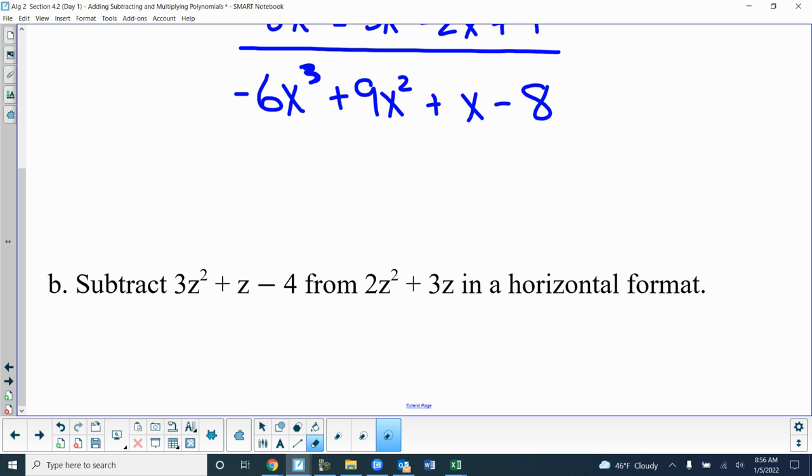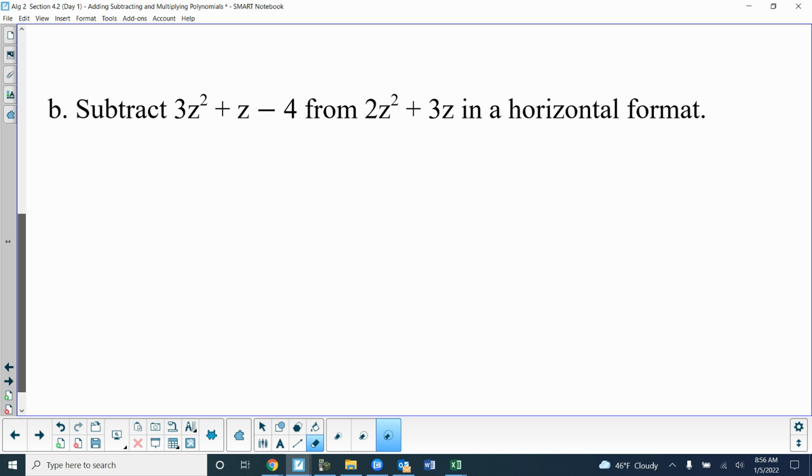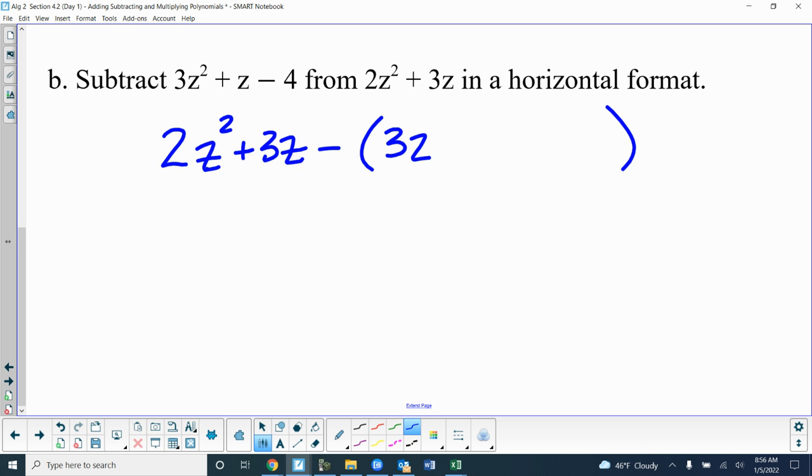I'm getting a little bit in a hurry. All right. So I'm subtracting 3z squared plus z minus 4 from this. So actually, I write this first, minus, and I always put it in parentheses when I do it horizontally like this.